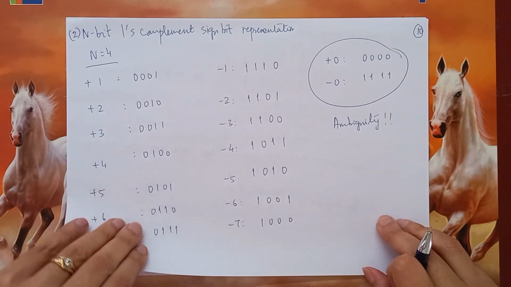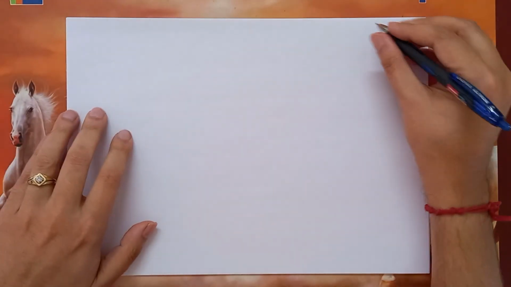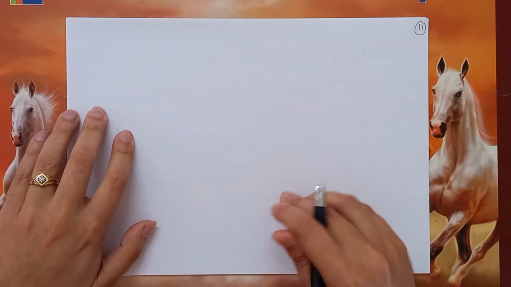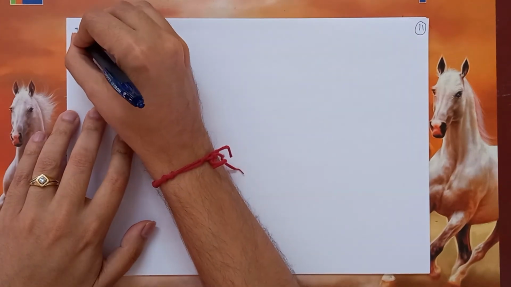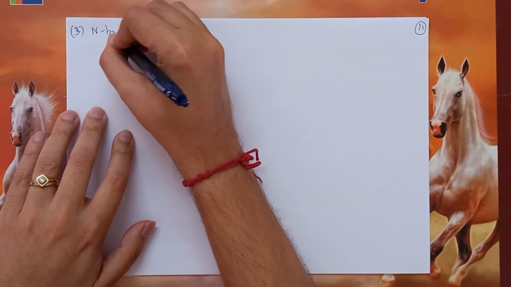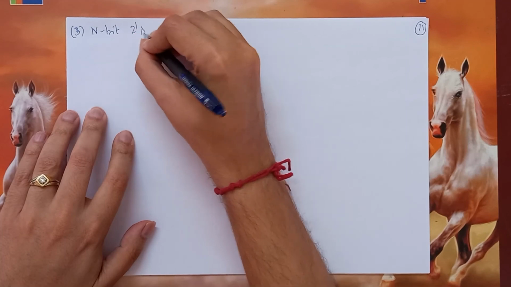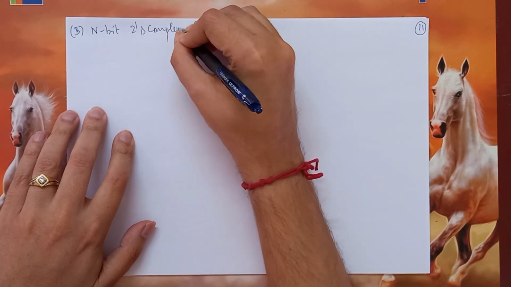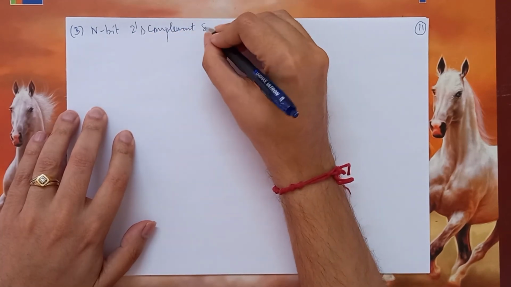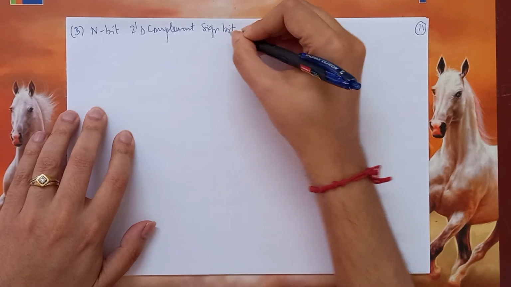Once again, let us take a look at the next best possible thing. The third technique is what is called an n-bit 2's complement sign bit representation.